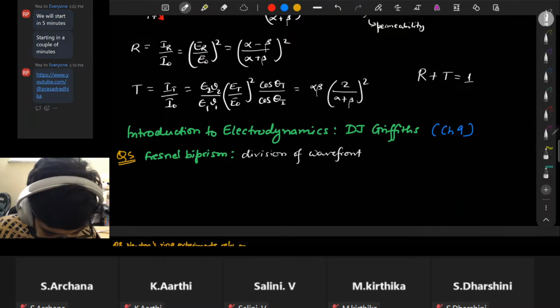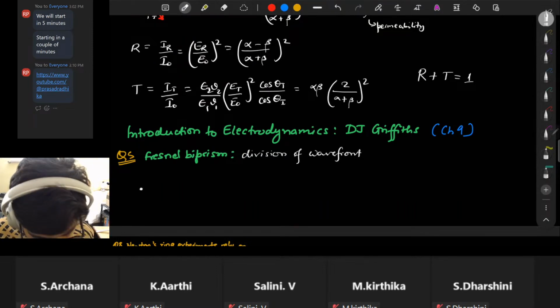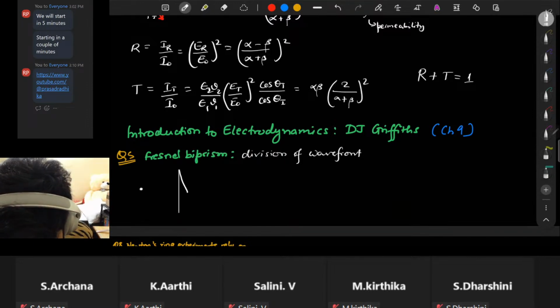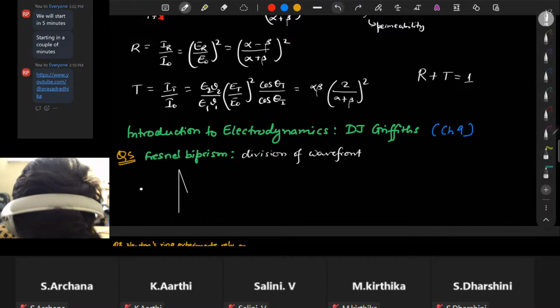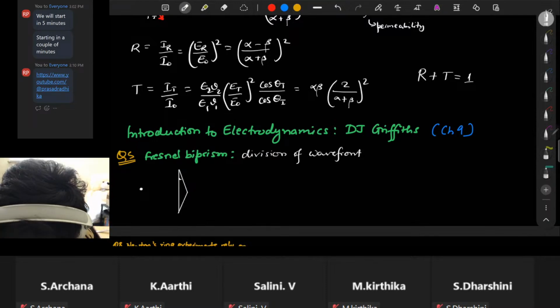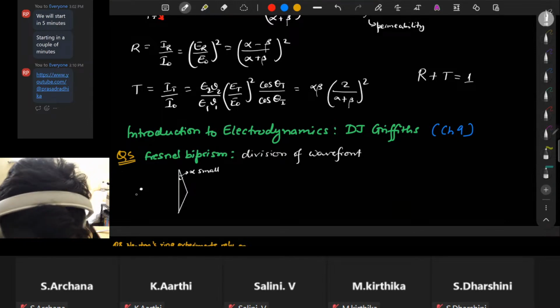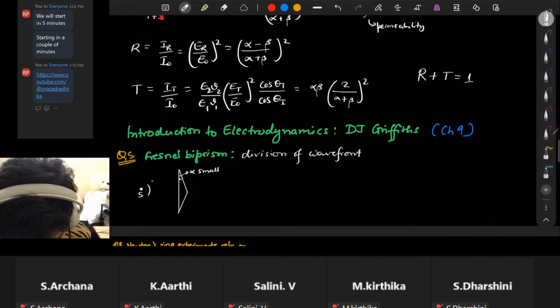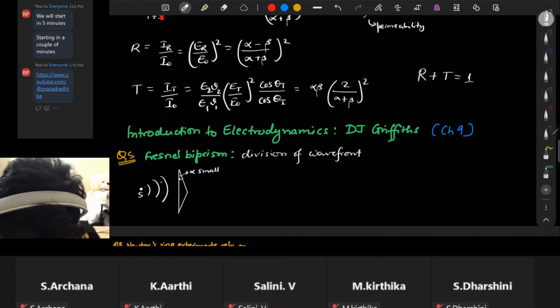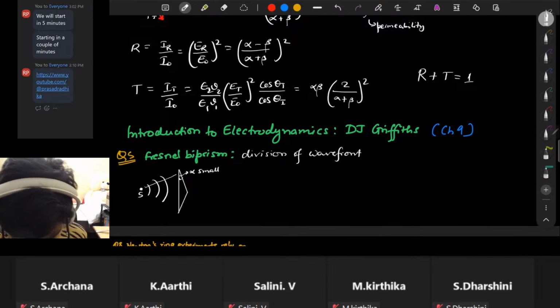In Fresnel's biprism, we have a source and we have a narrow angle prism like this. When I say narrow angle, it means this angle alpha is very small, and you have this source S, and the wavefronts come out. The ray is always normal to the wavefront. So if these are the wavefronts, then these are going to be the rays.